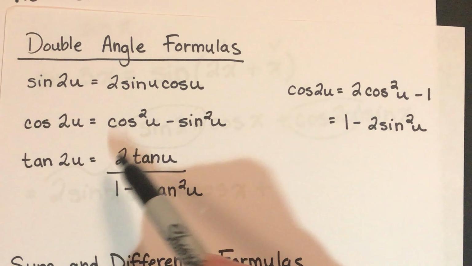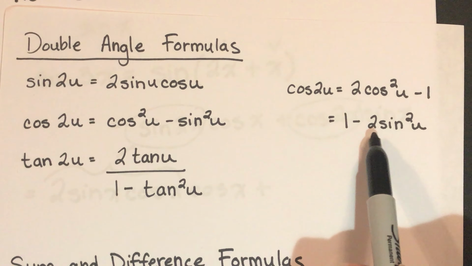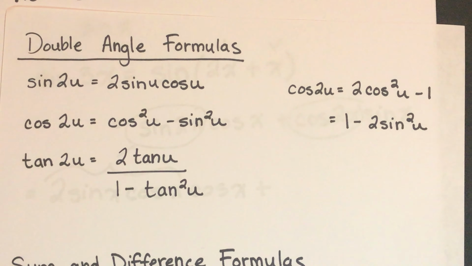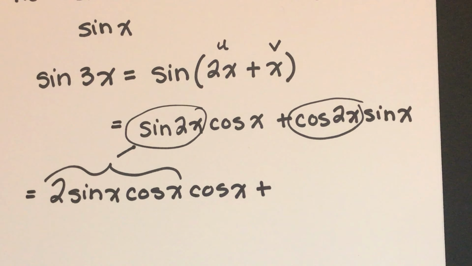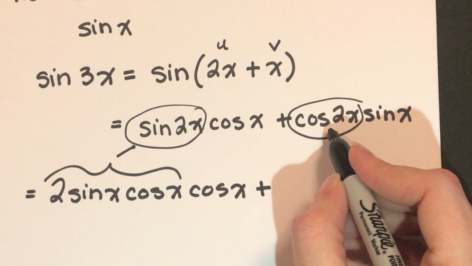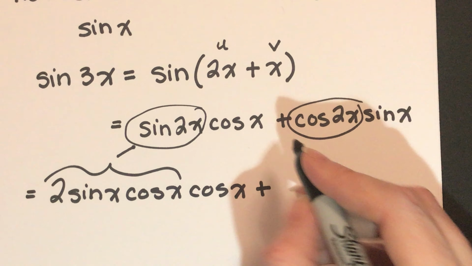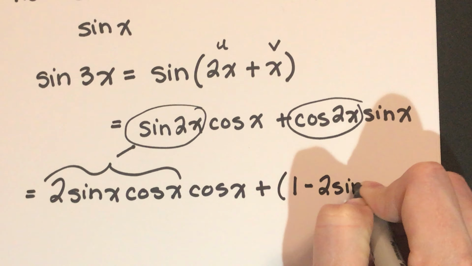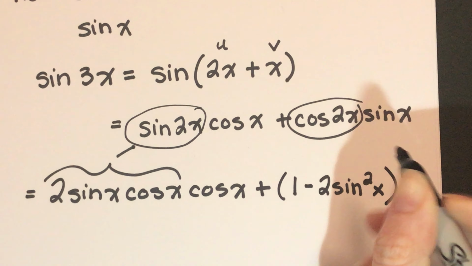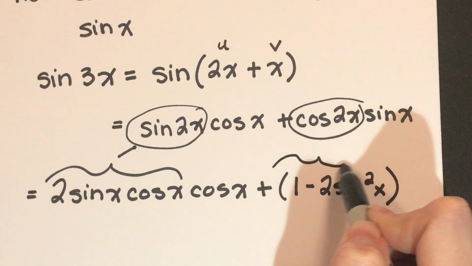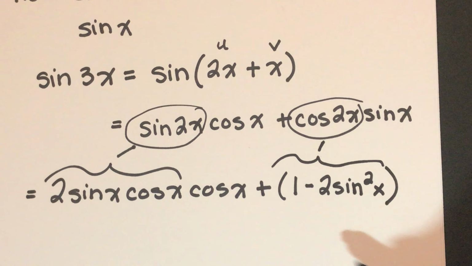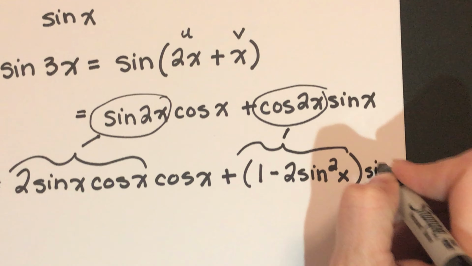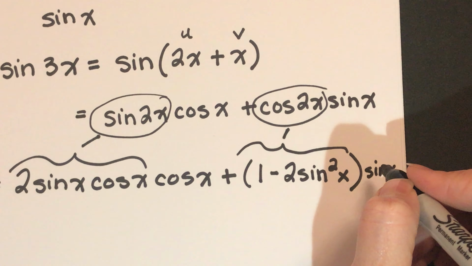Well, because we're trying to get it in terms of sine, I'm going to use this one because it's the one that's in only terms of sine. So I'm going to change cosine 2x into 1 minus 2 sine squared x. So that became that. And now we still have this times sine x over here.